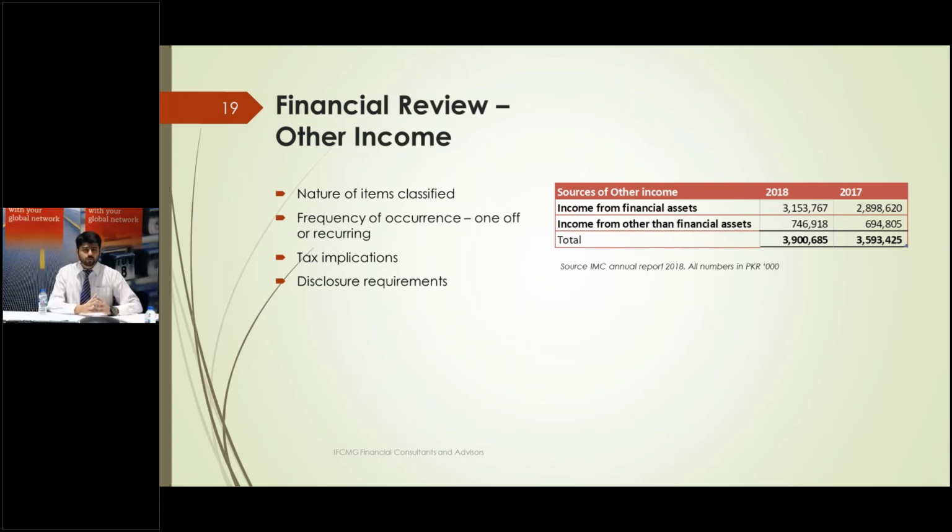Those who are not familiar with the Indus Motor Company business model, I'm just going to refresh your memories a little bit. What Indus Motor Company does is take a majority of the payment at the time of booking of the order, and before delivering the product to the customer, they then take the balance.